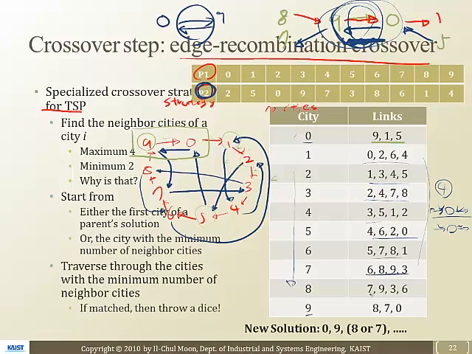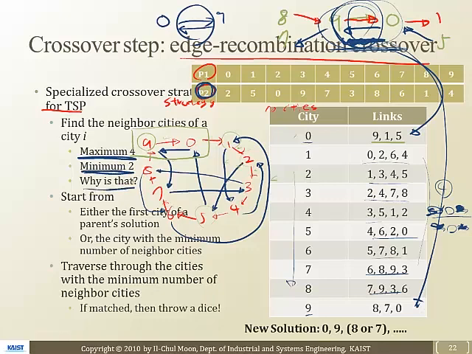However, if some links are shared, it can reduce to 3 links. If the links are perfectly matched, then we only have 2 links for each city. So maximum 4 links, minimum 2 links.